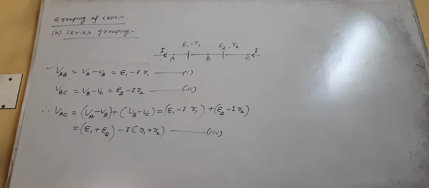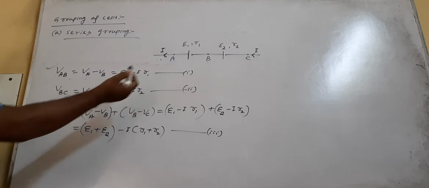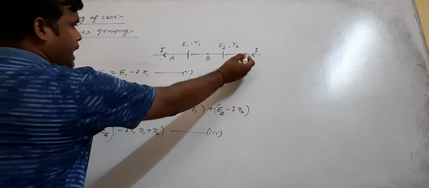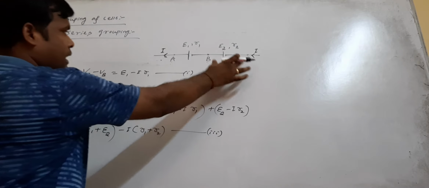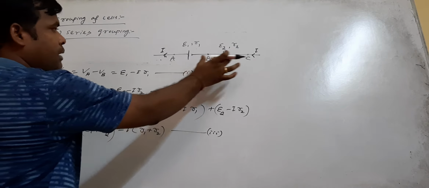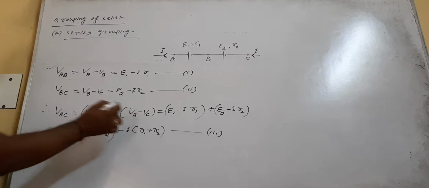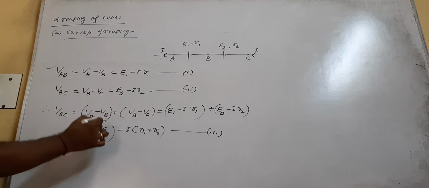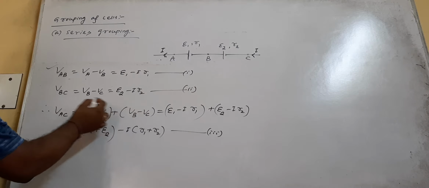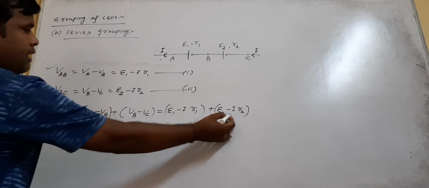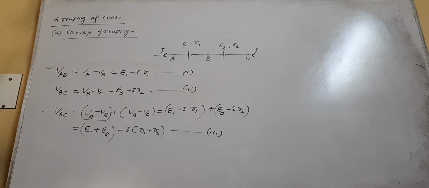So now come to VAC, that is the potential difference between A and C, that is VAB plus VBC, that is VA minus VB plus VB minus VC. So what is VA minus VB? That is E1 minus IR1, plus VB minus VC, that is E2 minus IR2.